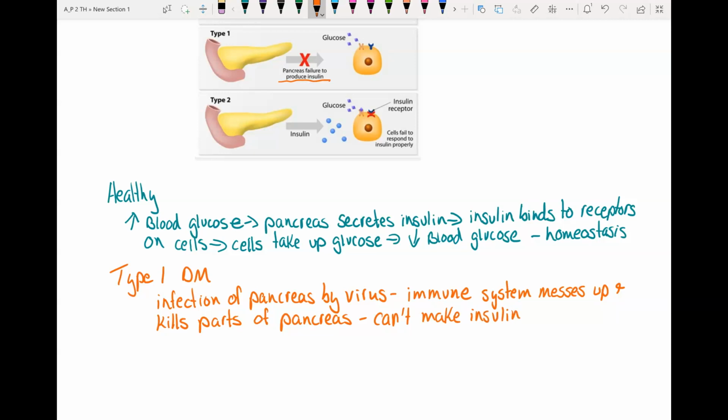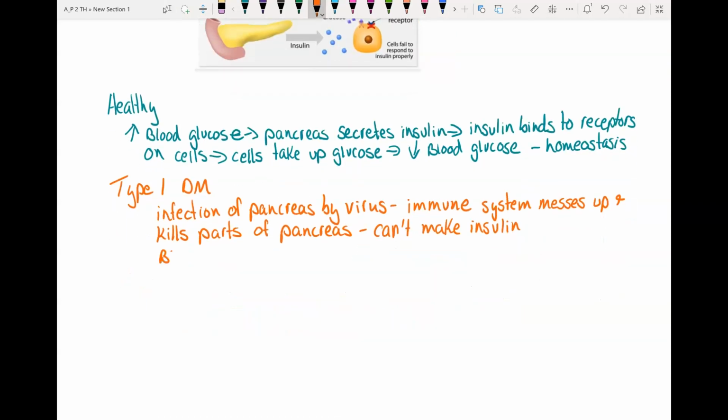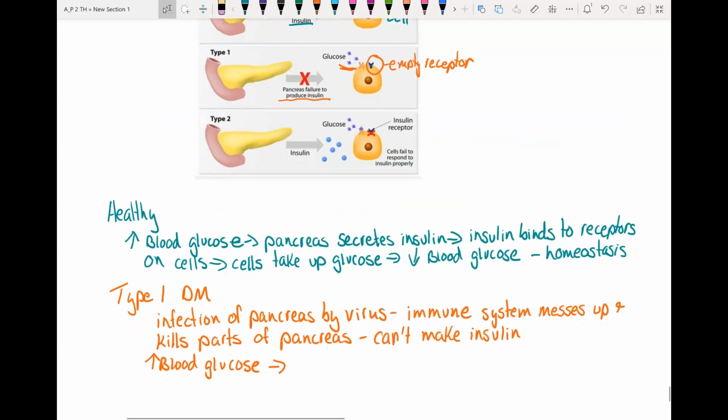So then, when you have rising blood glucose, there's no insulin to secrete to bind to the receptors. So here you can see the empty receptor. Because there's no insulin, blood glucose goes up, but without the insulin, the cells don't take up the glucose.